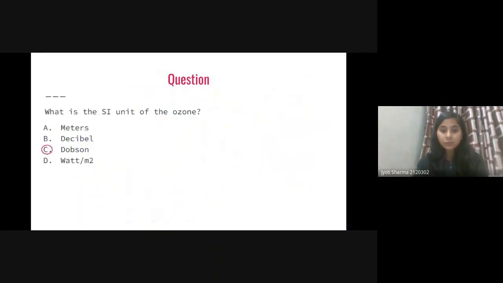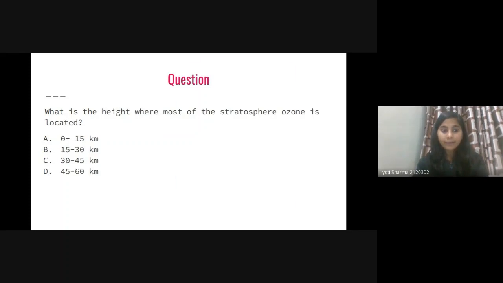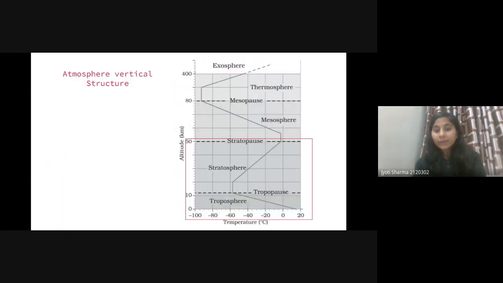As I told you, here we can see that in the troposphere, whenever there is an increase in the height, the temperature is decreasing, because we also know that whenever we go higher in altitude, the temperature decreases. But in the stratosphere, with the increase in the height, the temperature also increases.